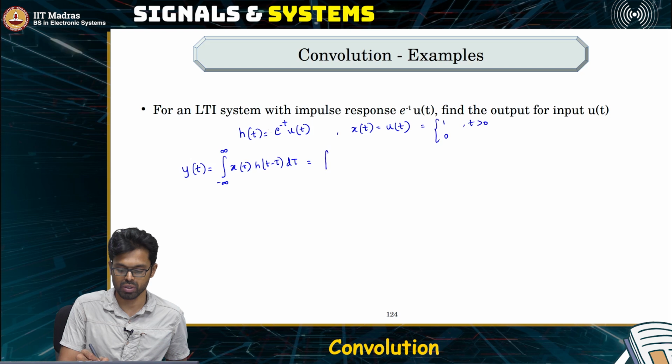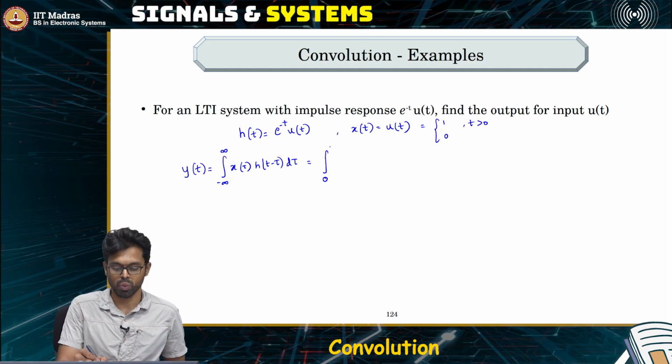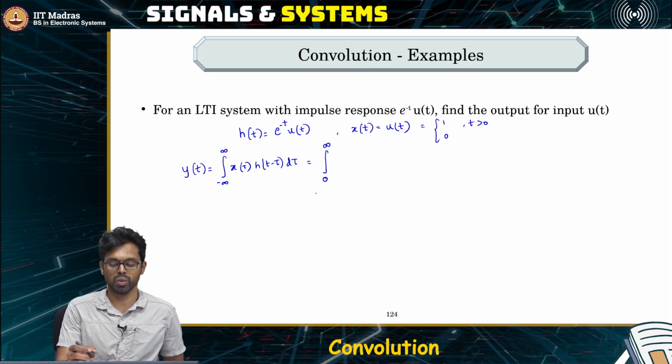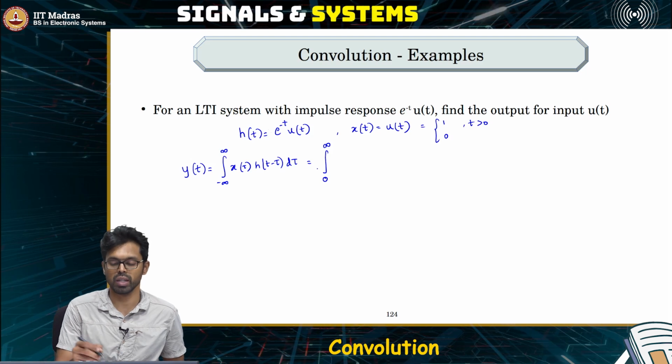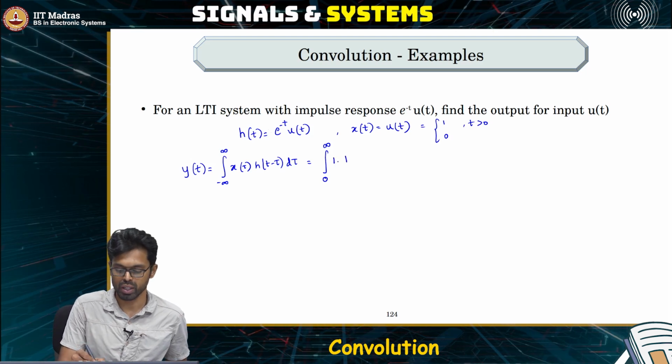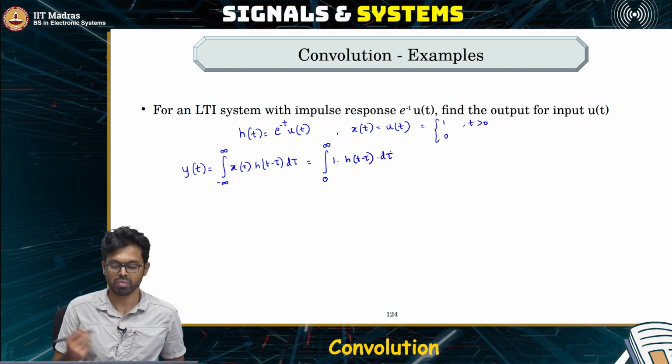So in other words, when you substitute that here, we get x of tau to be equal to 1 when the limit is between 0 to infinity, and for all other values from minus infinity to 0, x of tau is 0. This is 1 times h of t minus tau d tau.